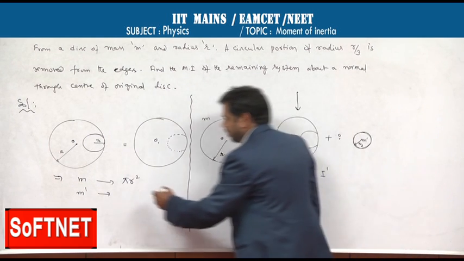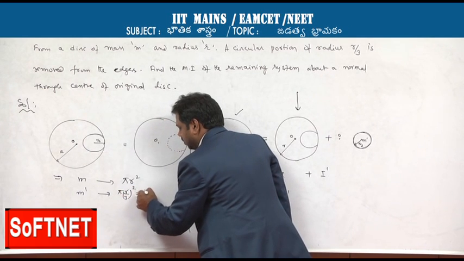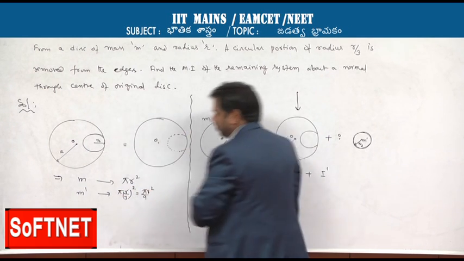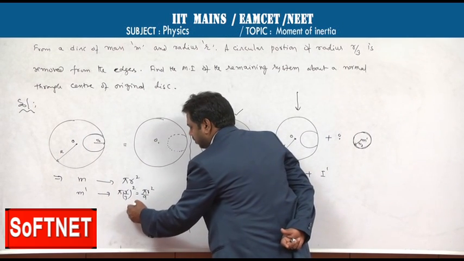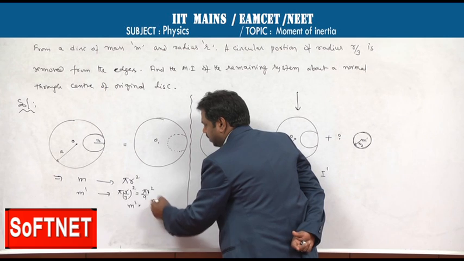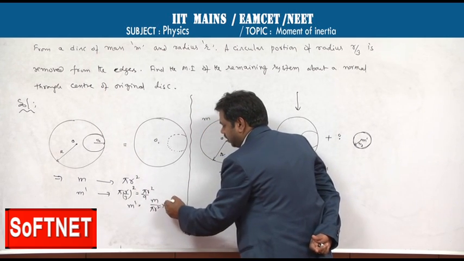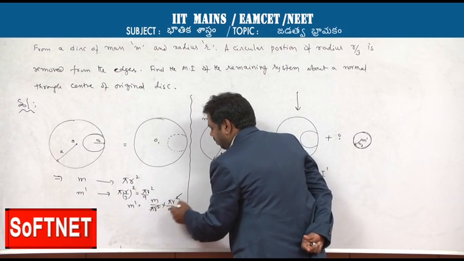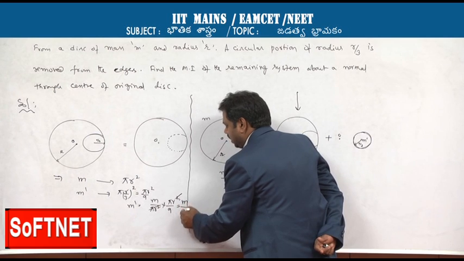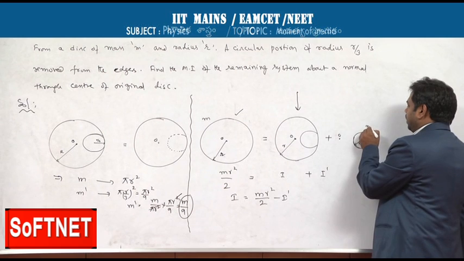That means pi into r by 3 whole square, that is equal to pi r square by 9. Then what will become the m dash? M dash is nothing but mass per unit area, that is m by pi r square, into the area of that removed part, pi r square by 9. Then obviously the mass of the removed disk will become m by 9.